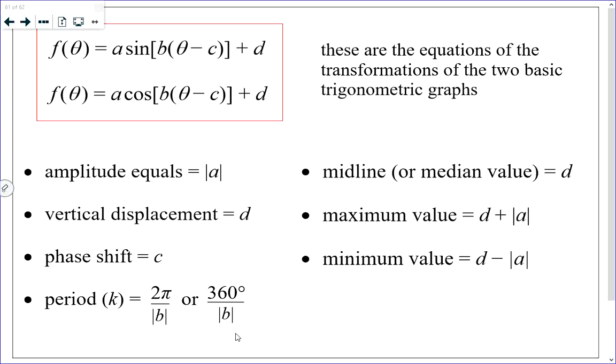Finally, if you're trying to come up with the equation of a trigonometric function from a graph, leave c to the end. Determine a and d by looking at the vertical positioning of the graph. Determine b by looking at the period and using b equals 2 pi over period.